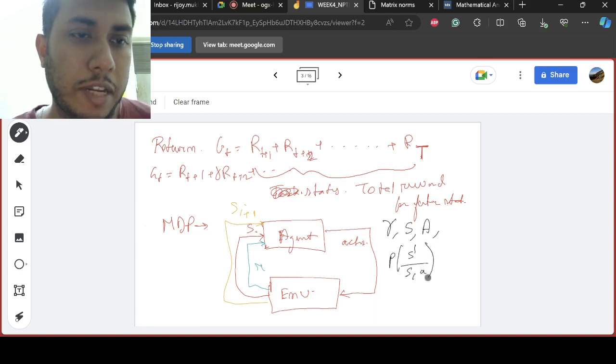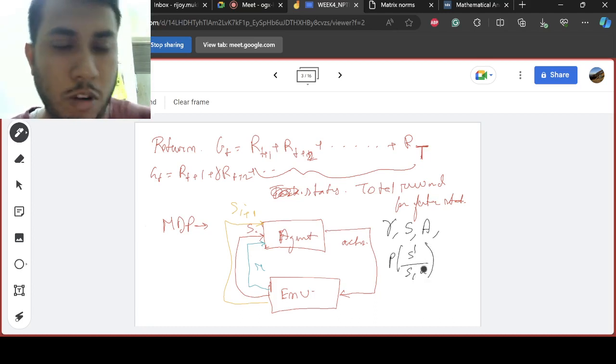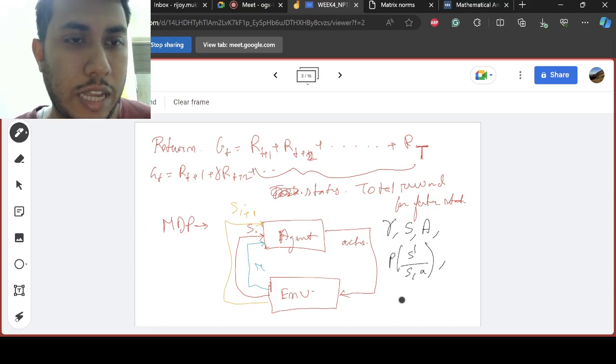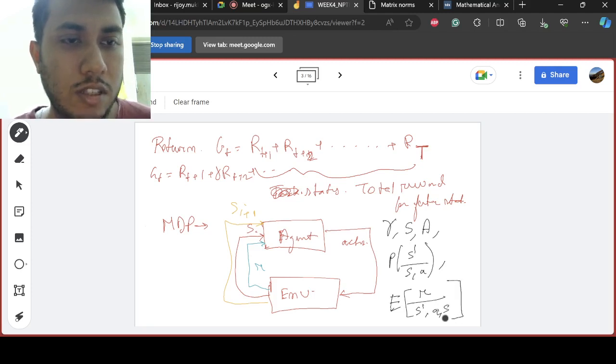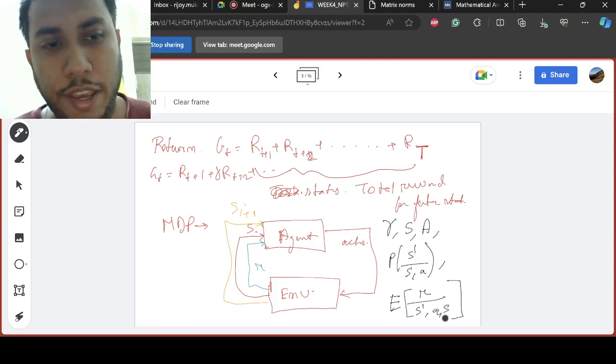Given a state S and action A, what is the probability that you reach the next state S dash? And the reward estimation: what will be the reward R given S dash, A, S, meaning the new state is S dash, the previous action was A, and the previous state was S.